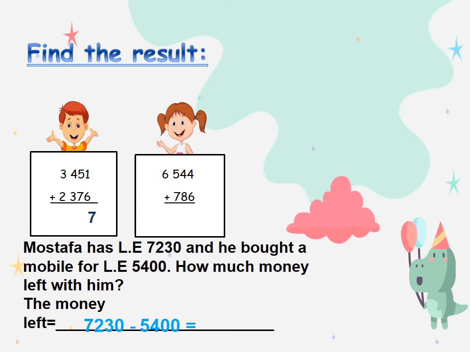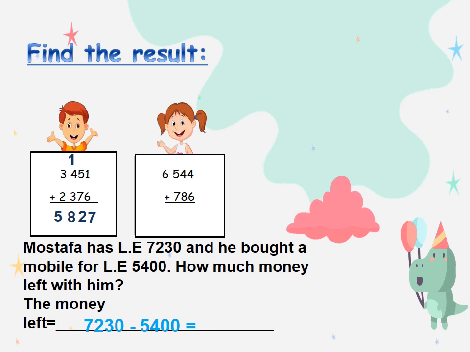Put 7 in your mind and 5 in your fingers after 7: 8, 9, 10, 11, 12. Put 2 and carry up 1. Then 1 plus 4 plus 3 equals 8. Excellent. And 3 plus 2 equals 5.